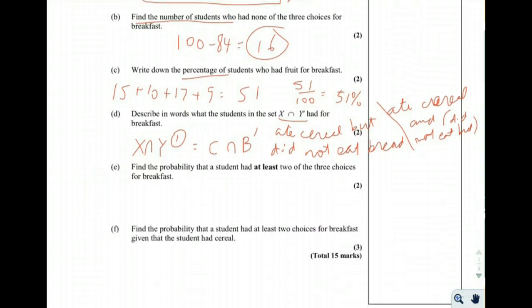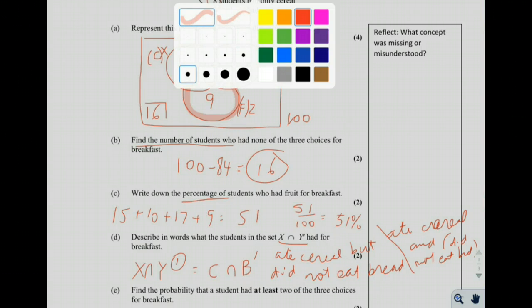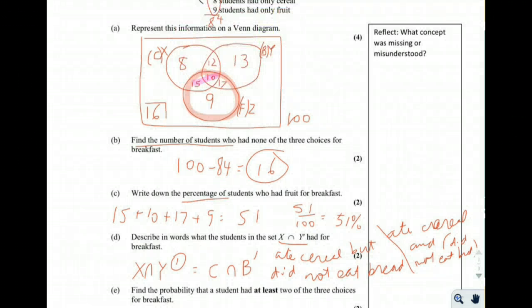Okay? Find the probability that the student had at least 2 of the 3 choices for breakfast. So that would be anybody in the little triangle here. Anybody who had at least 2 of the 3 choices.